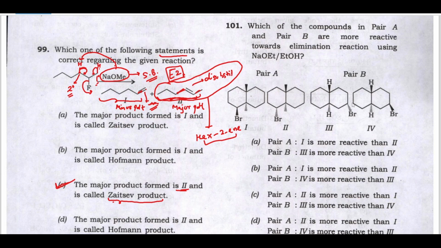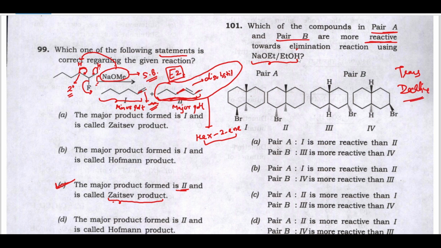In the next question, which of the compounds in pair A and pair B are more reactive towards elimination reactions using sodium ethoxide in the presence of ethanol? So in this case, they are providing you two pairs, and if you see, all four substrates are decalin systems, and actually these are trans-decalin systems.